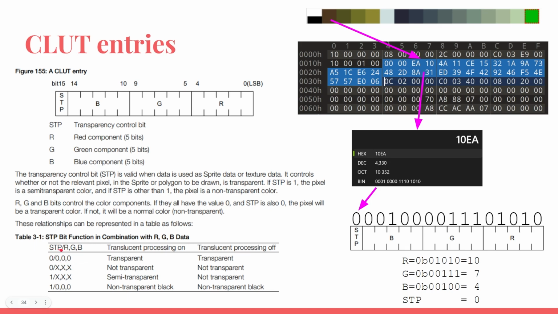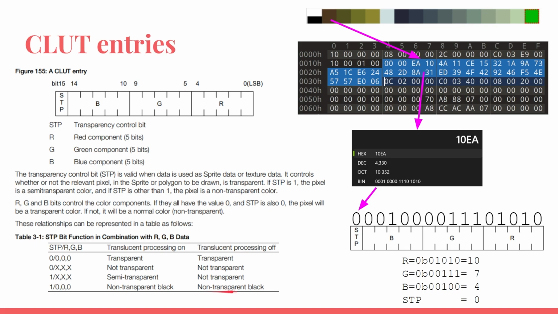So we use the STP value of 1 with 0, 0, 0 to represent black in that case. So we can represent either black or purely transparent by flipping the STP bit. When the translucency processing is off, in every other case, flipping the bit does absolutely nothing. According to this table, if you have something that's more than 0, 0, 0, flipping the bit does nothing. It goes from not transparent to not transparent.